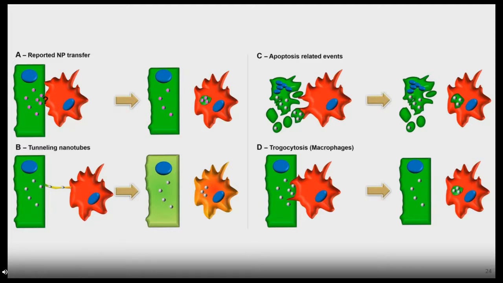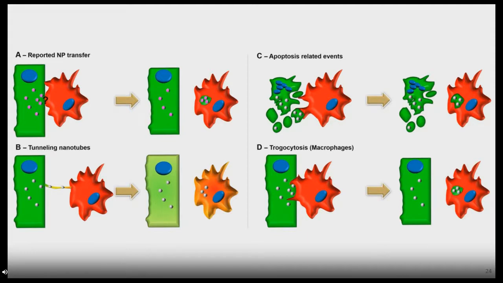Okay, so what could transfer endocytic compartments? Tunneling nanotubes could do it, but in this case, you would have a direct transfer and mix of the two fluorophores, so that does not work out. Well, maybe it was apoptosis-related events, like maybe there were heterosomes from dying endothelial cells.